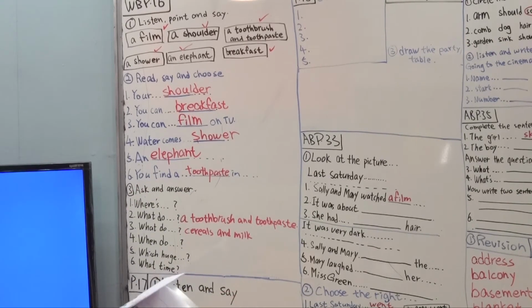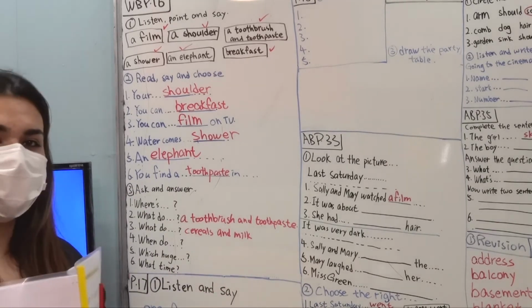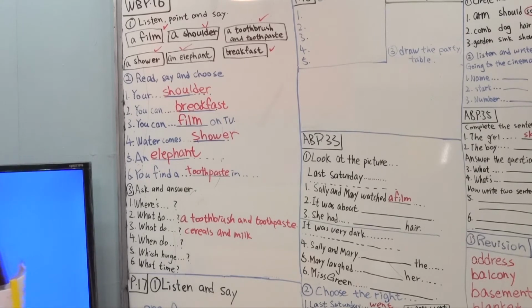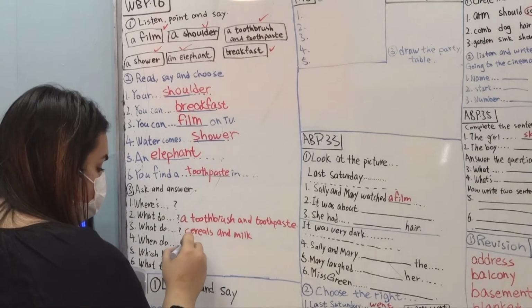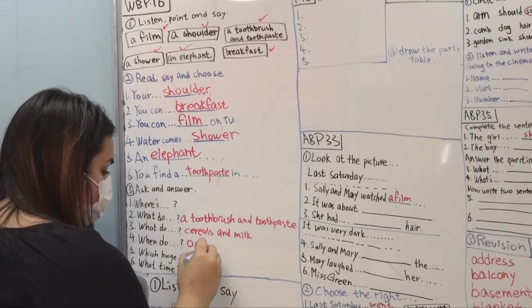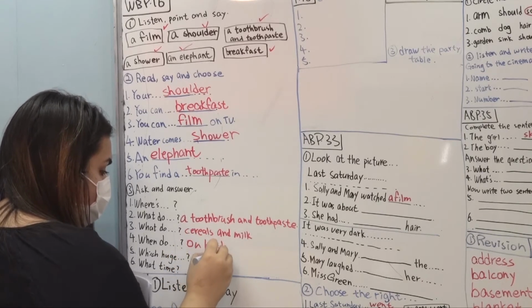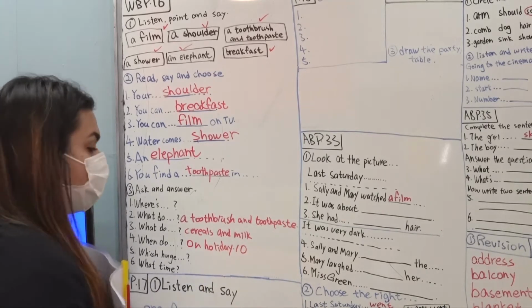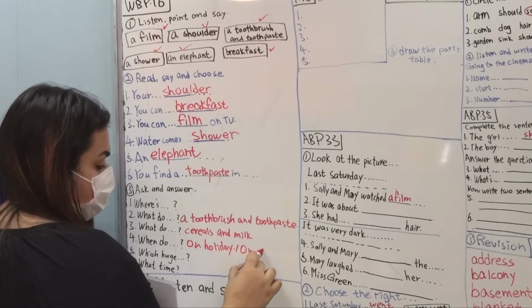Number 4, when do you go to the cinema? You can say, I go to the cinema on holidays, right? Or you may say on, when is holiday? Mostly on Saturday, right?